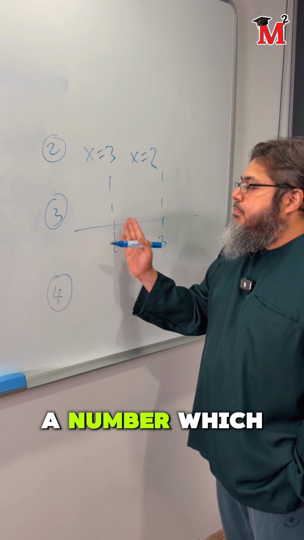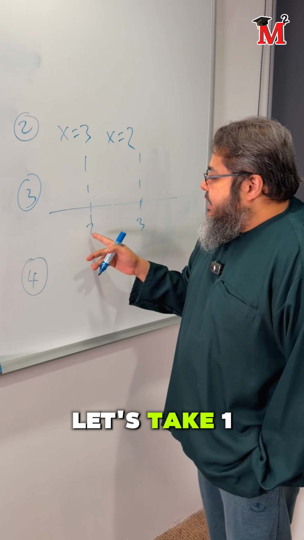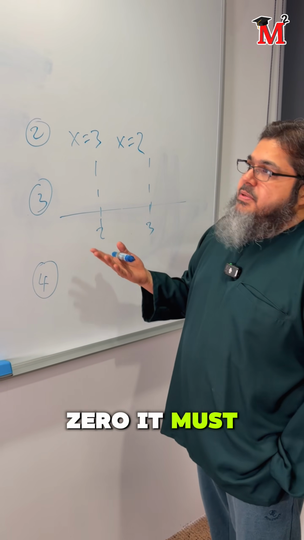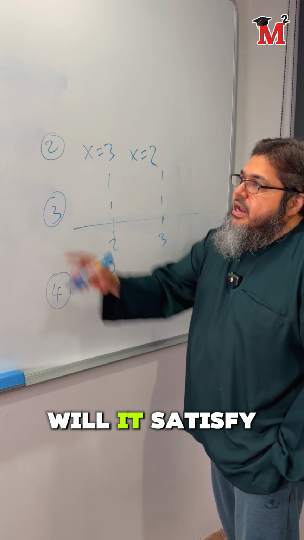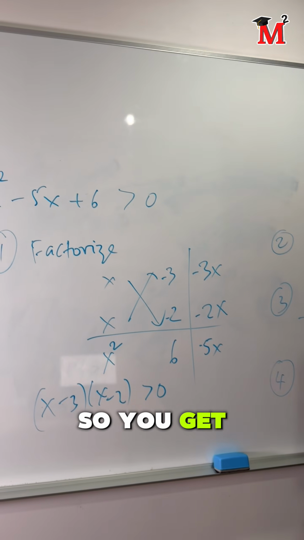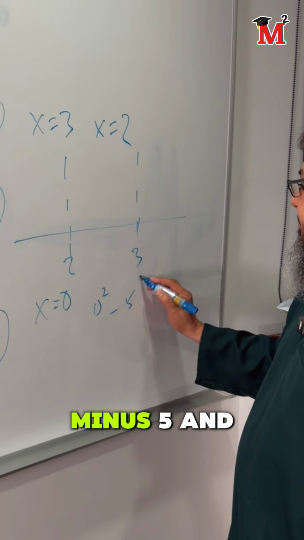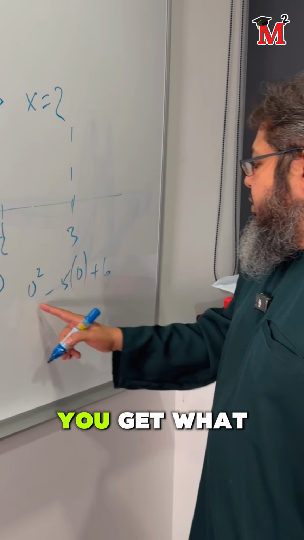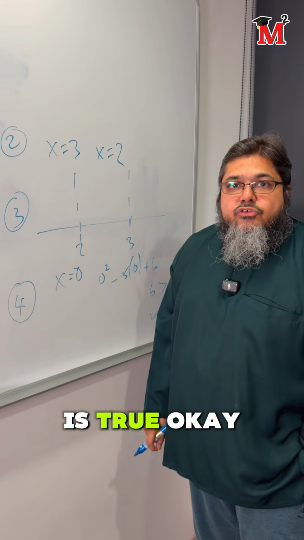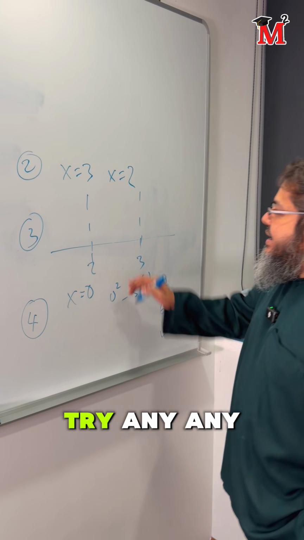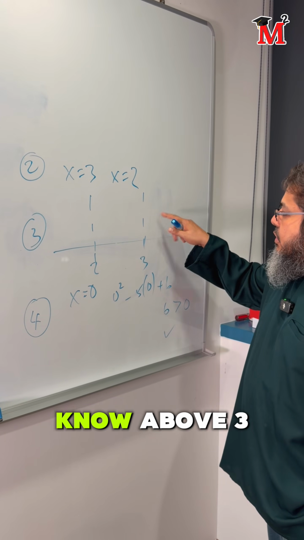So let's take a number which is before 2. Let's take 1, or even 0. It must be easier. Now if I take x equal to 0, will it satisfy that inequality? So you get 0 squared minus 5 times 0 plus 6. Now you get 6 is greater than 0. Is it true? Yes, it is true. Now let us try any value above 3.